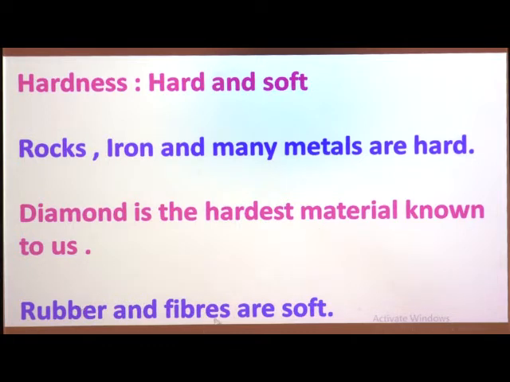Rubber and fibers are soft. So hardness has two things. Any kind of material may be hard or soft. So rocks, iron, many metals are hard. Diamond is the hardest material and the soft materials are rubber and fibers.